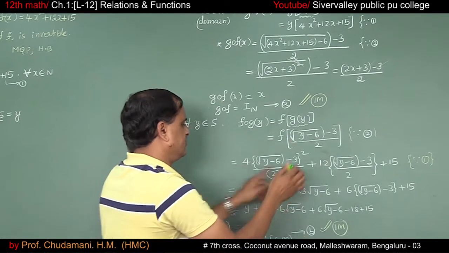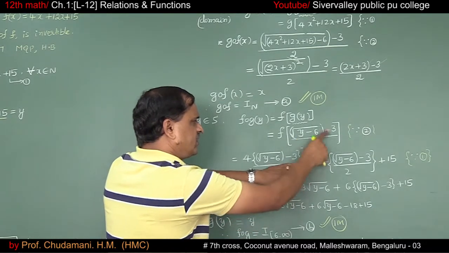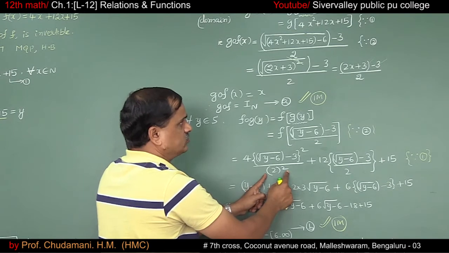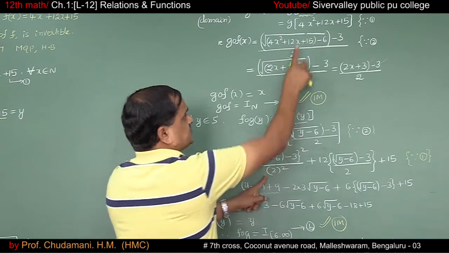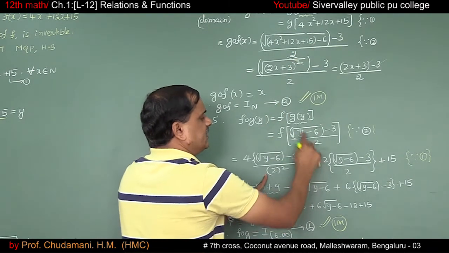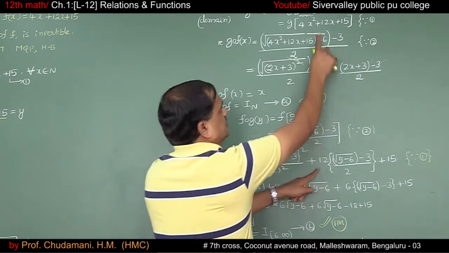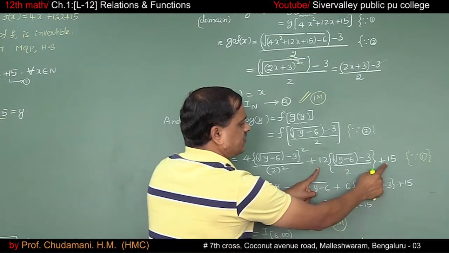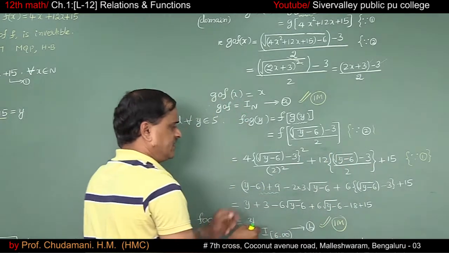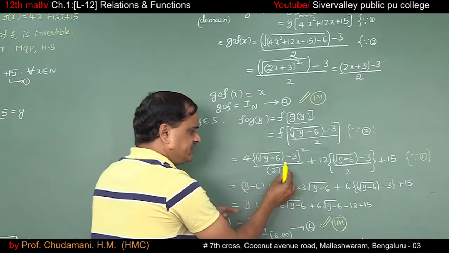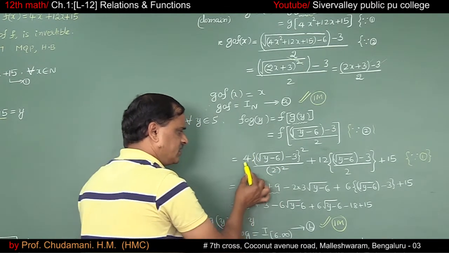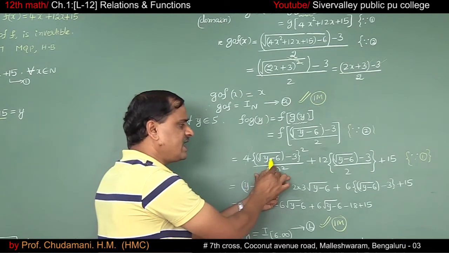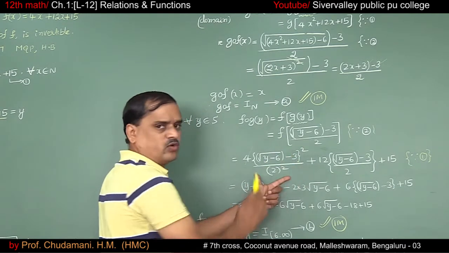This is x actually. 4 into square of this, square for numerator, square for denominator also. Right? 4x square, this is completely x. Plus 12 into x, x means this quantity I have written here. Plus 15 using equation 1. Now 2 square means 4, this 4 and this 4 get cancelled. Now this is of the form a minus b the whole square.